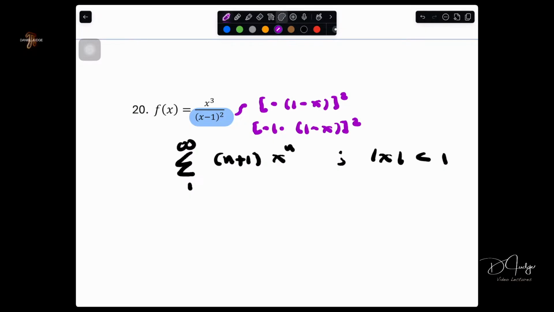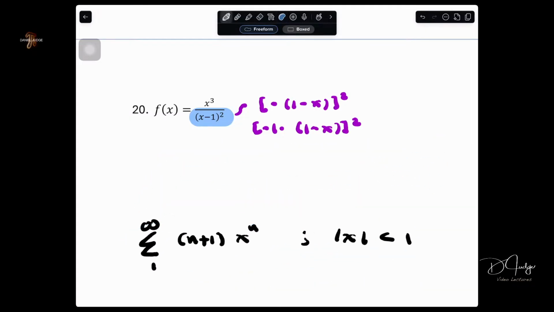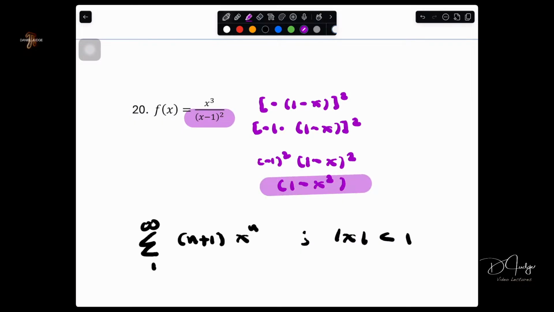So using some algebra, we get negative 1 squared, 1 minus x to the second power, or that simply equals 1 minus x squared here. So this denominator of x minus 1 squared is actually the same as 1 minus x squared. Oops, I apologize. The square is outside. Alrighty. So they're equivalent.